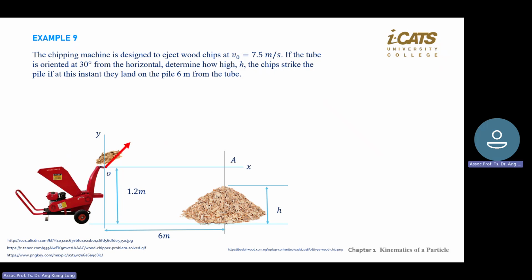So you set up all the dimensions. We agree that we use all positive values. Your starting point is 1.2 above the ground, so your starting point is here. You know that your h, you find from the distance here: take this distance minus this one, you get the h.